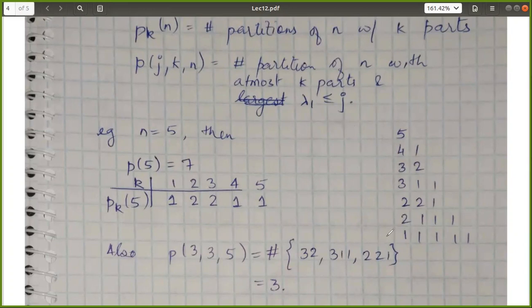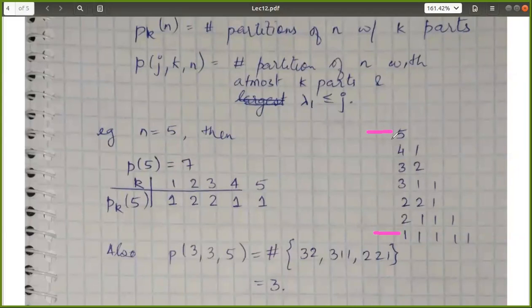Because till now you were dealing with exactly n parts, so you were at the bottom. Now you said exactly one part, so you're at the top, and it's exactly the way the number itself is written. 5 is equal to 5, right? So P(1,n) is the same as P(n,n), which is equal to 1. Fine.